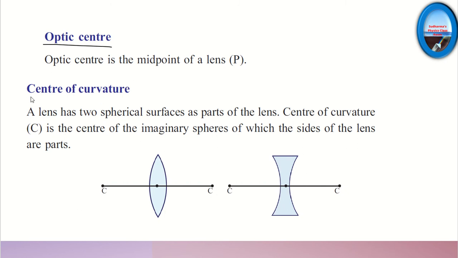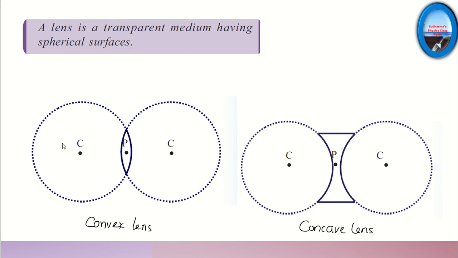Then comes the center of curvature. What is the center of curvature? A lens has two spherical surfaces as part of the lens. The center of curvature is the center of the imaginary spheres of which the sides of the lens are parts. We have the spherical refracting surfaces here. Let's say this is sphere number 1 and this is sphere number 2.